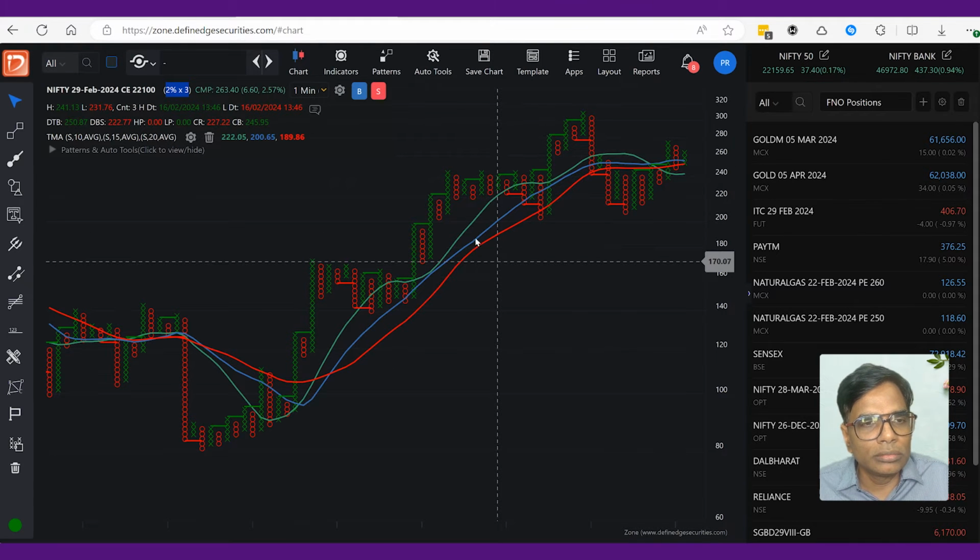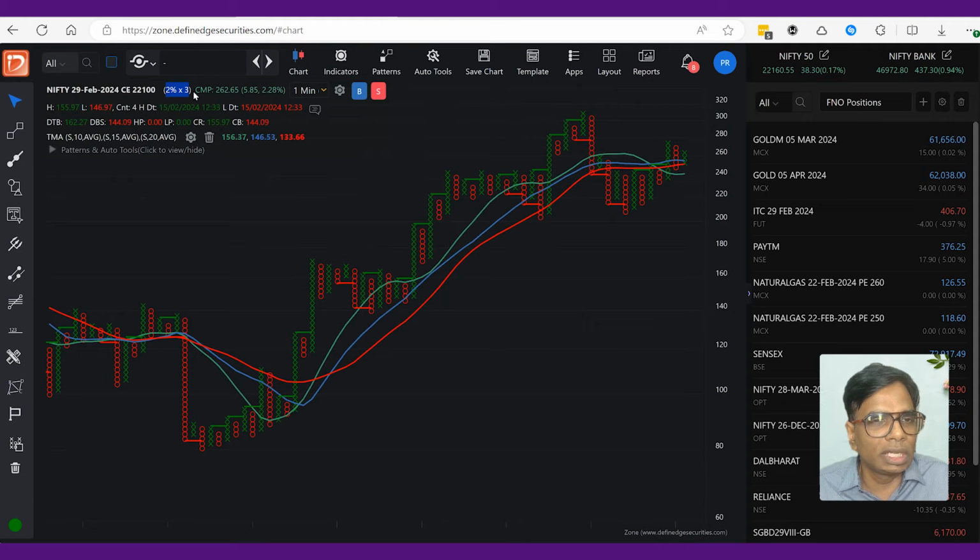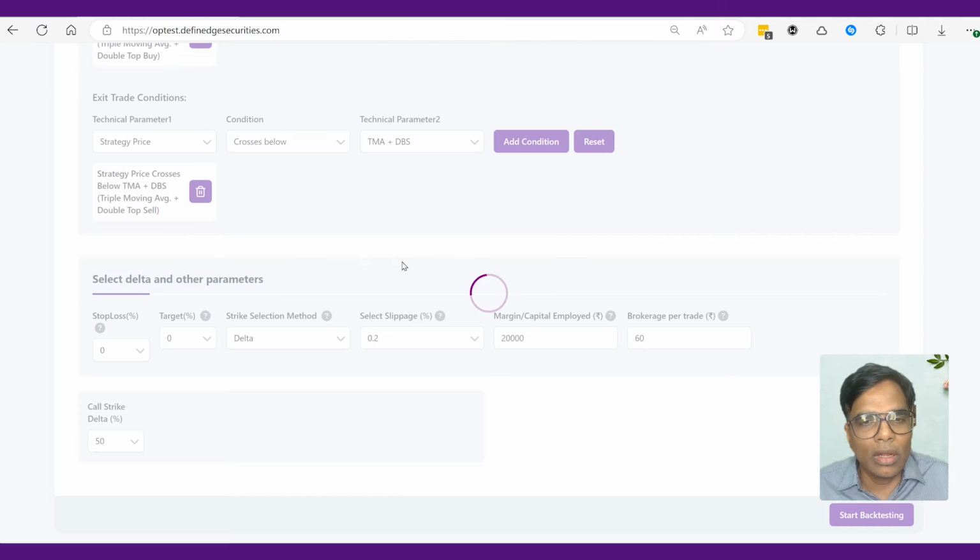Now this is plotted on 1 minute and 2% into 3. 3 is nothing but the reversal box size, and 2% is the box size. Okay, now we are waiting for the results to come. Let's see how good these results are.